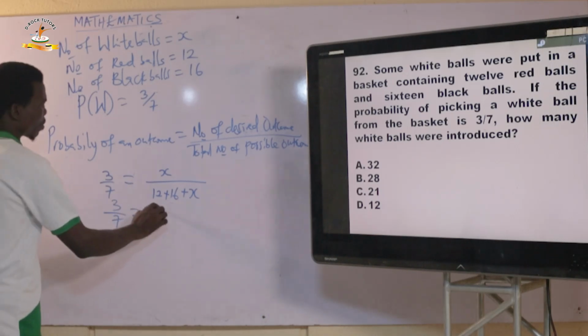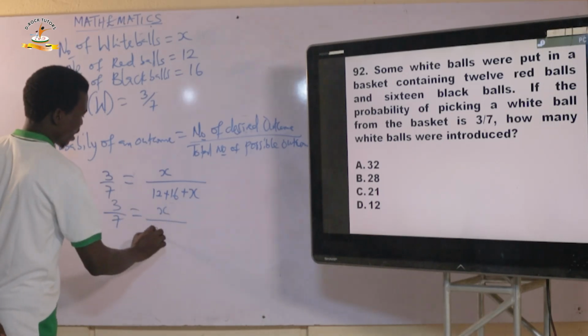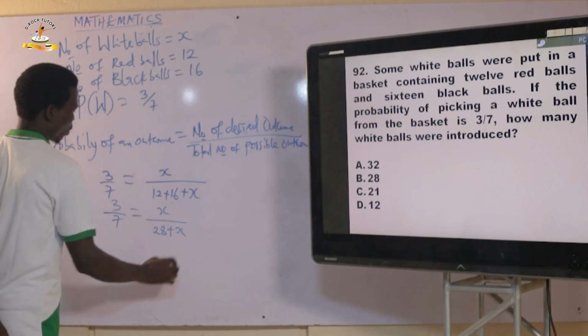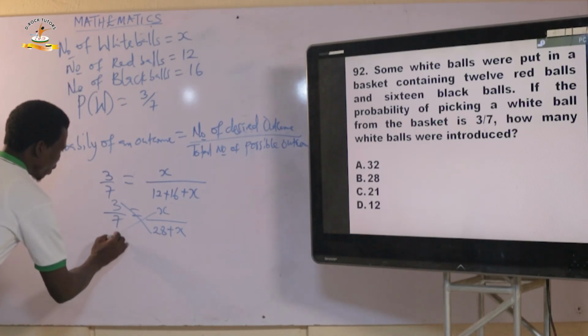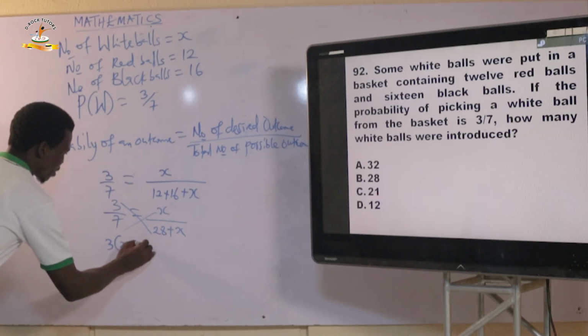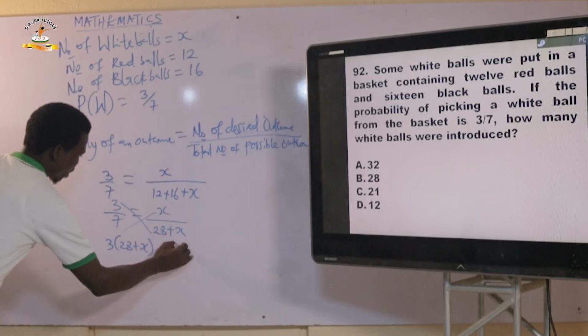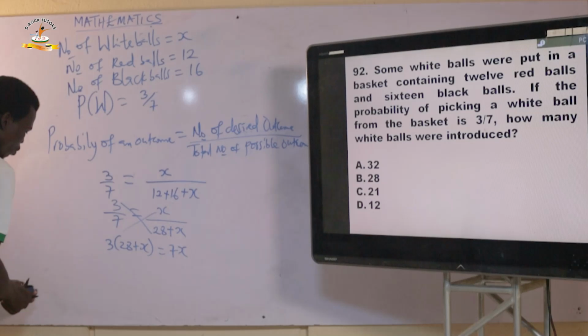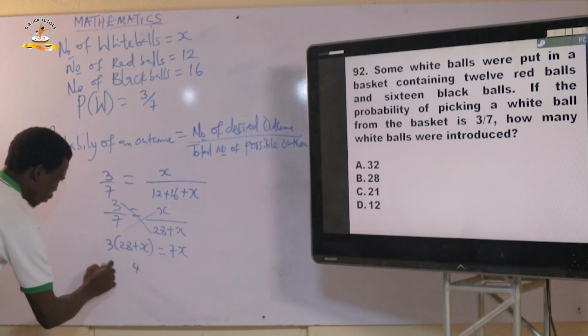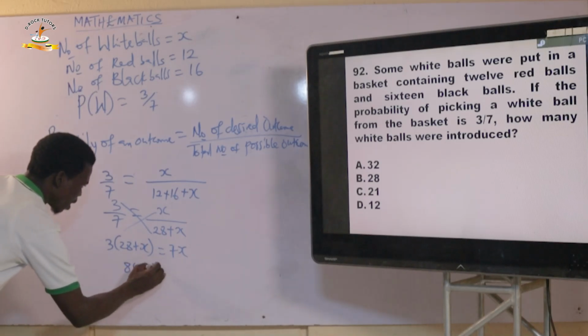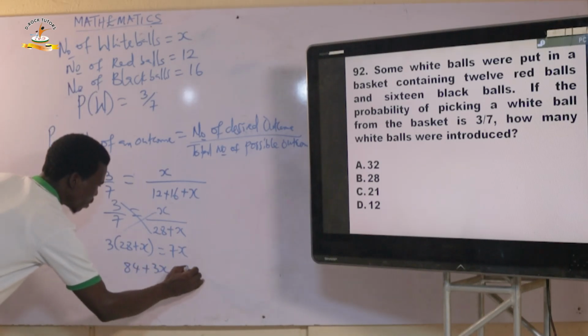Let's simplify this and get our answer. 3/7 equals X over 28 plus X. So we cross multiply, and we have 3 into bracket 28 plus X equals 7X. Multiplying this out, we have 84 plus 3X equals 7X.